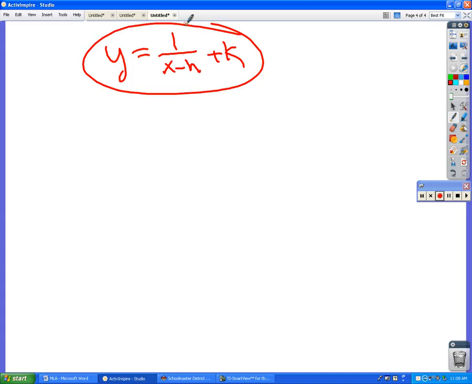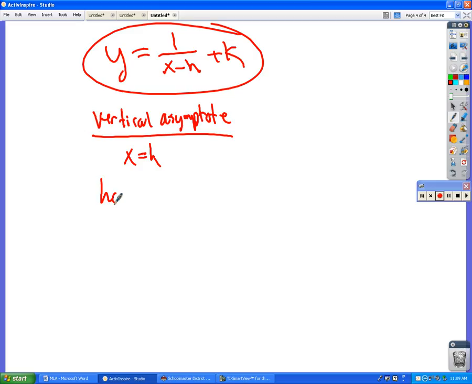So if you start with that, your vertical asymptote is at x equals h, right? Is it h or is it negative h? It's h. Because in our example, remember, we went x minus 1, so the vertical asymptote is h, and then your horizontal asymptote is k.